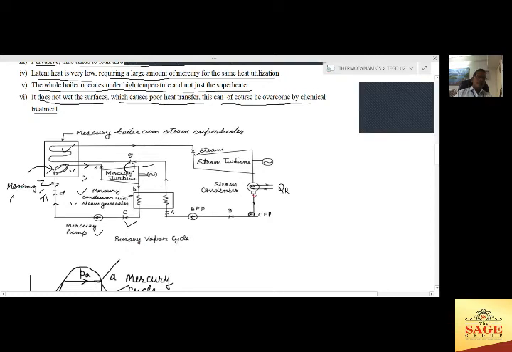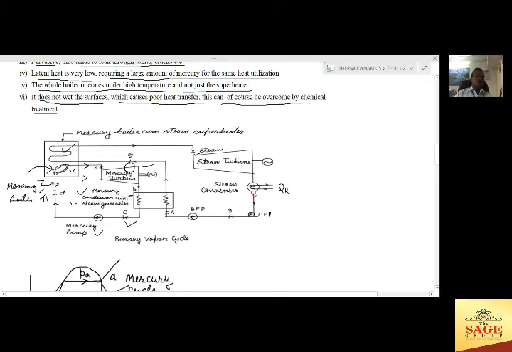Again this liquid mercury will enter the boiler and produce the mercury steam, mercury vapor.